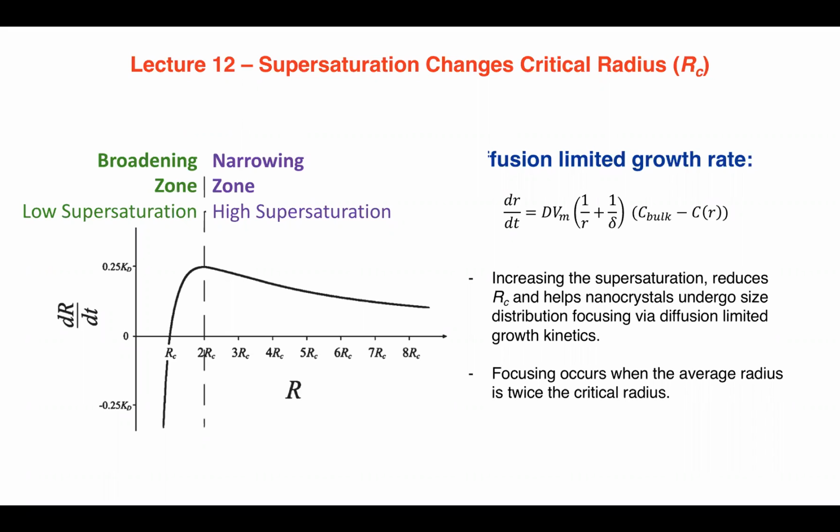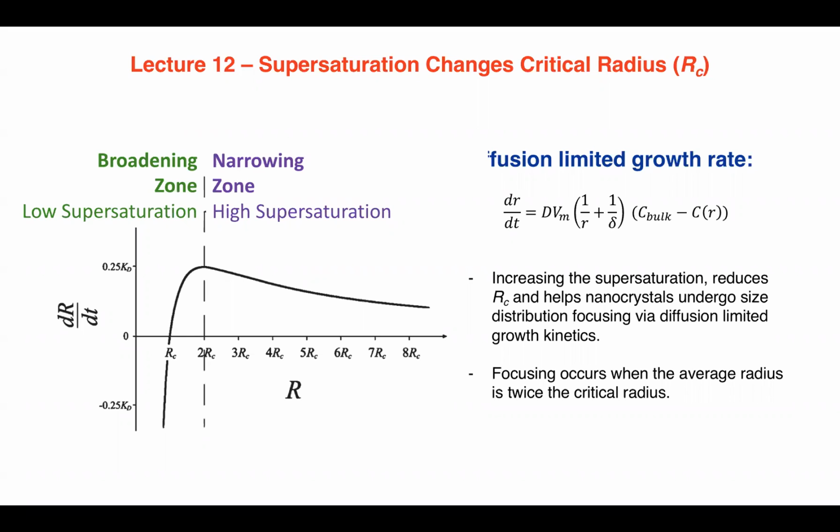So we got change in radius with time on this axis, and this axis is this quantity R. So this is actually a solute concentration, believe it or not, because these units here are RC. So this is actually critical radius, so this is different values of the critical radius.